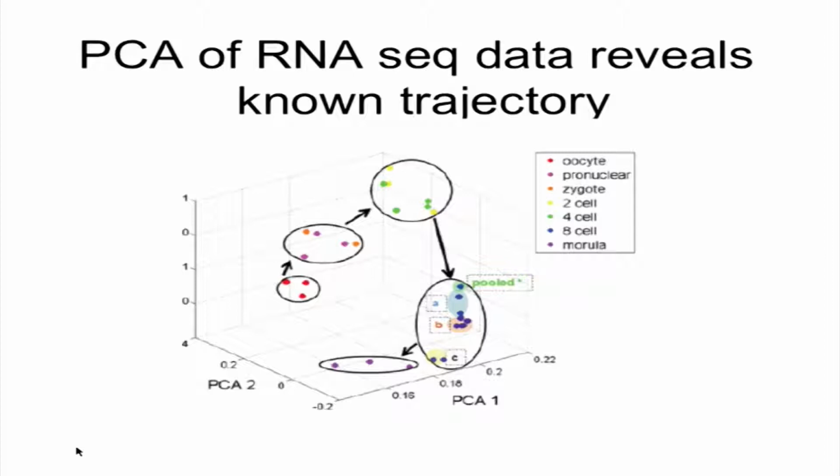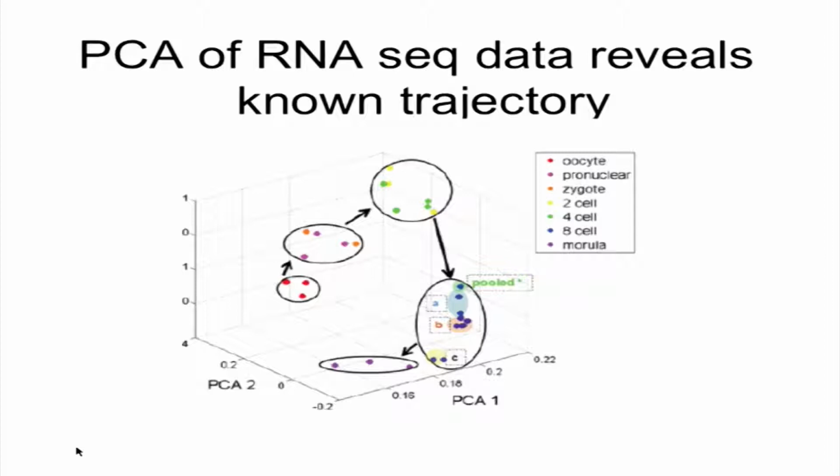Again, I'm just a statistician, but in any event, when you do a principal component analysis of these RNA-seq data, you really get this nice patterning, which already tells us that the data are meaningful.